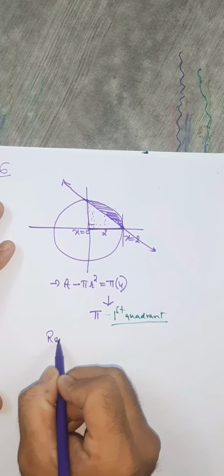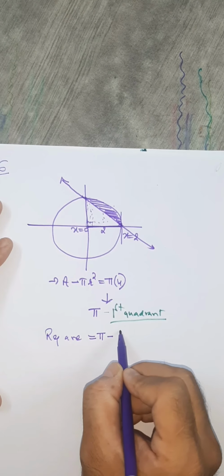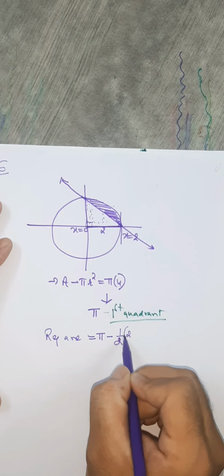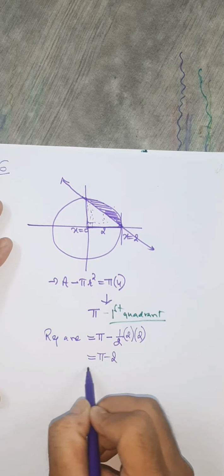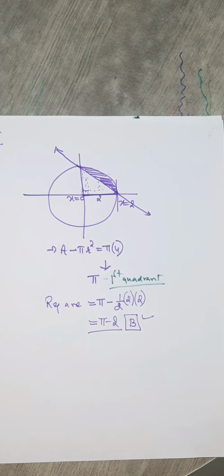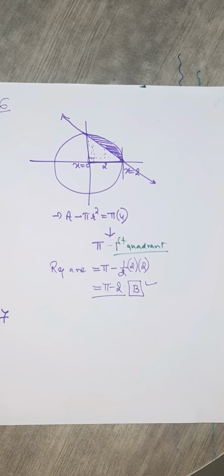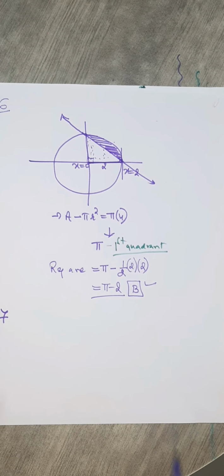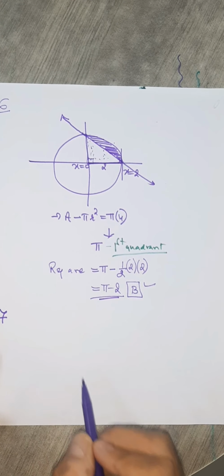So the required area equals the area in the first quadrant minus the area of the triangle. 1 by 2 base into height. So it is pi minus 2. So this B is your answer. I did it without integration. MCQ है तो आप कर सकते हैं. You try with the help of integration and see whether you are getting the same answer or not. It should be the same, remember.